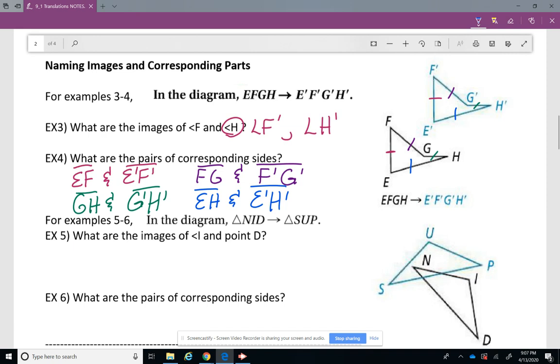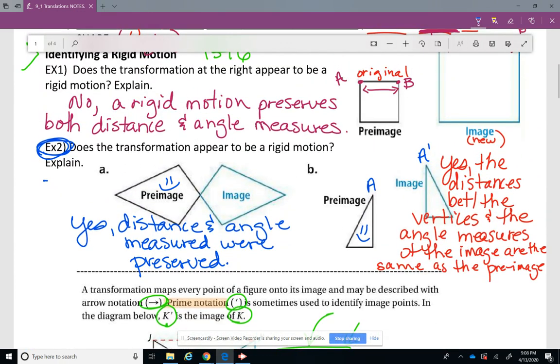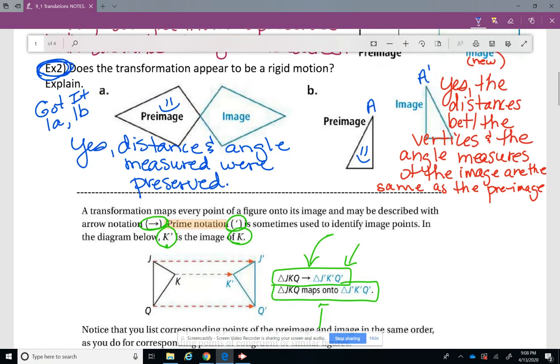All right, now down here where it says example 5 and 6, these are the got it problems 2A and 2B. The ones up here were the got it problems 1A and 1B. Okay.